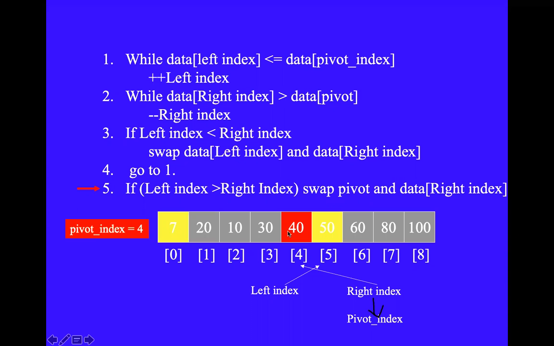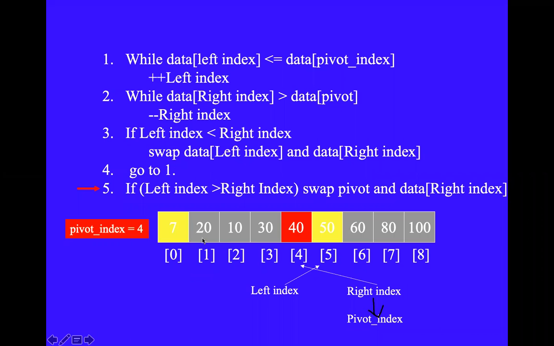Now look at the array: these elements are less than the pivot and these elements are greater than the pivot. So 7, 20, 10, 30 are less than 40, and 50, 60, 80 and 100 are greater than 40. Again we need to apply the quicksort algorithm on both these arrays.